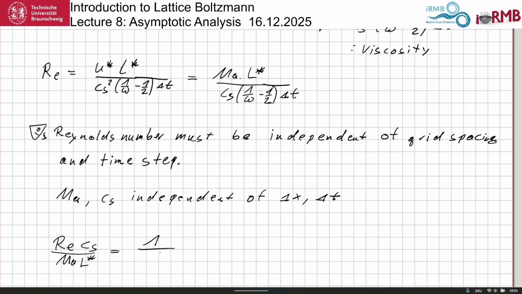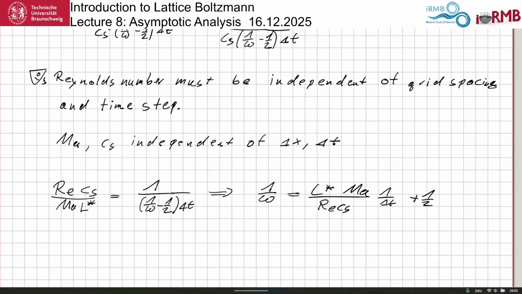And then I have 1 over omega minus 1/2 and delta t. And then I can solve this for 1 over omega. I'm not bothering with anything else. So Mach divided by Reynolds number CS, 1 over delta t plus 1/2.